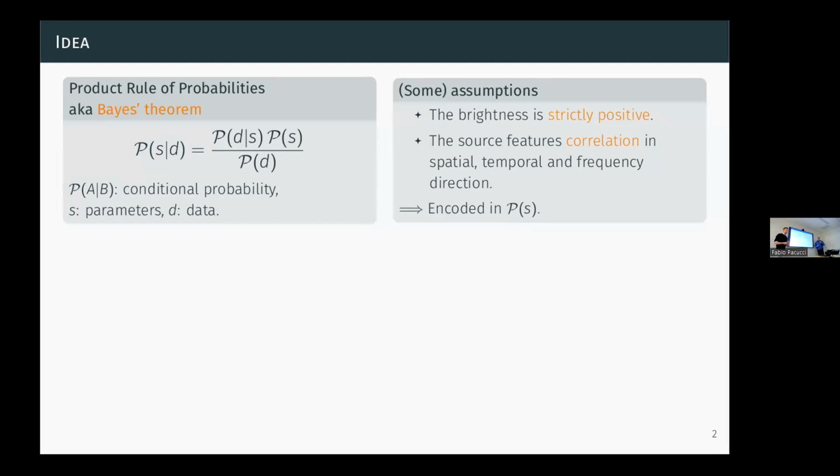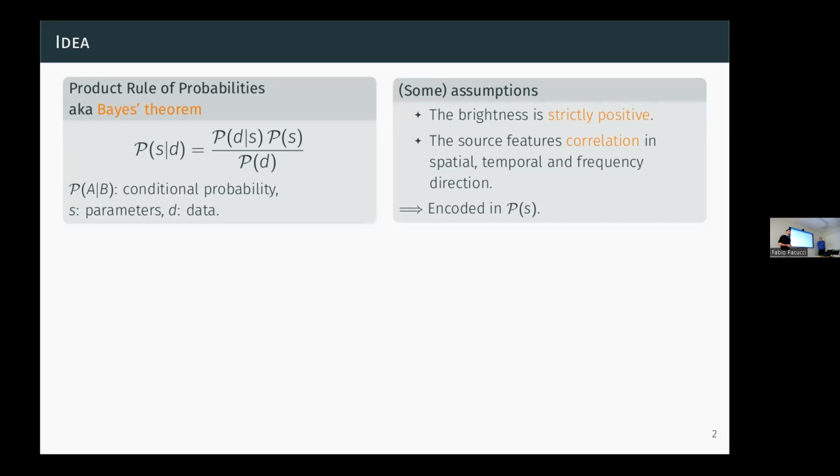Ultimately, what we try to reconstruct is the posterior distribution of the sky brightness given the observational data, subject to some additional assumptions. The most important assumptions that we wanted to put in addition to the data is that this sky brightness is strictly positive, so no negative flux is physically plausible.